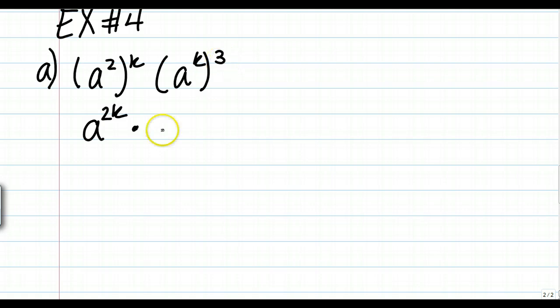K times 3 is 3k. So now I got rid of my power to powers first, and now I'm just multiplying them. So since I have the same base and there's no parentheses because I got rid of them when I did the power to the power, we can go ahead and just add them. So I have 2k plus 3k is 5k.